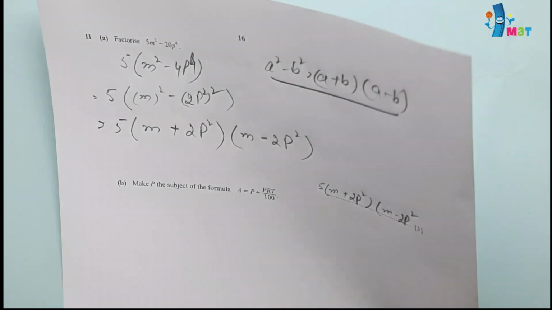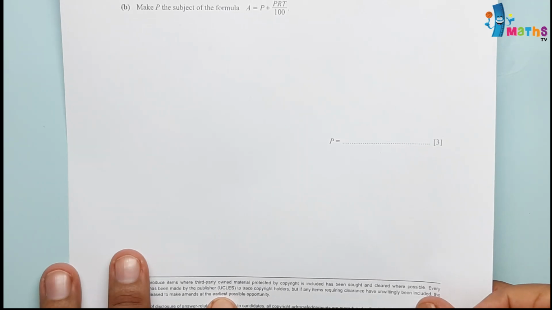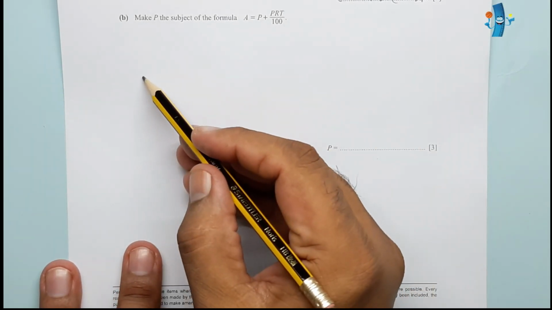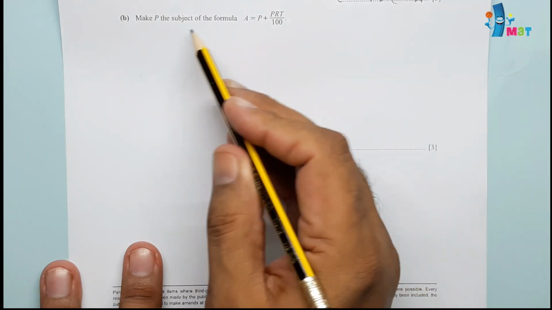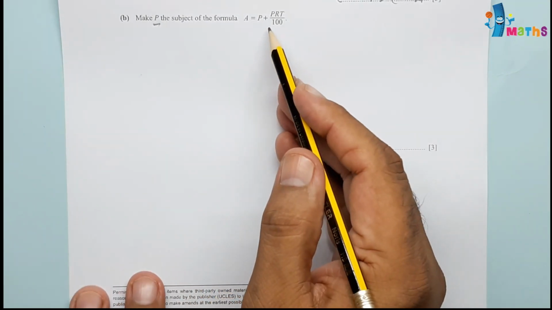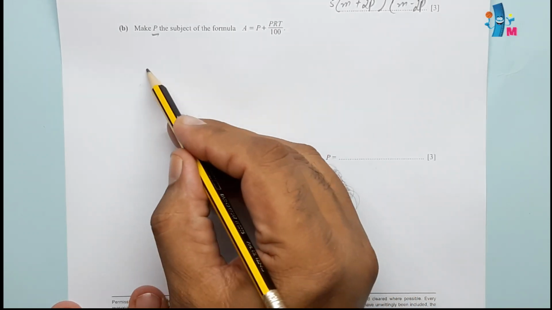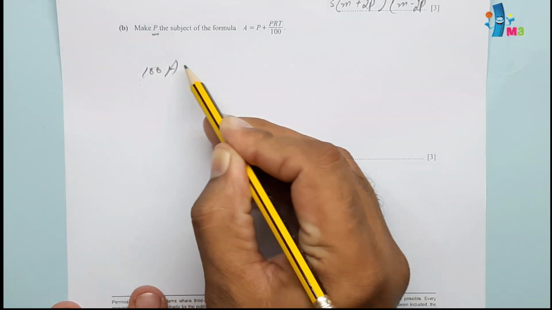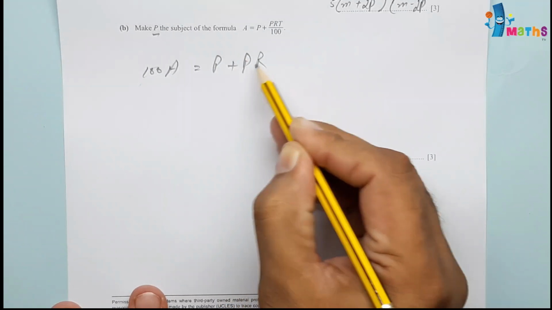And the last part of this question is making the subject. So we can make the subject, it's easy. We have to make p the subject. So what we will do, we will cross multiply first. So 100a will be equal to p plus p r t.